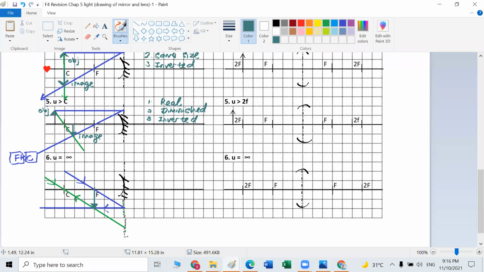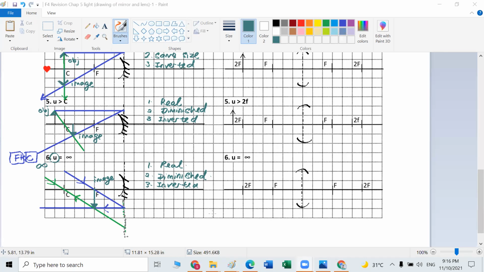Then where is the image? Wait, where is the object? Object from infinity. So this is the image. The image sure will be diminished. Since it's inverted, means it is real. And then sure is diminished, smaller. Okay, so done. Then we can do this part already.